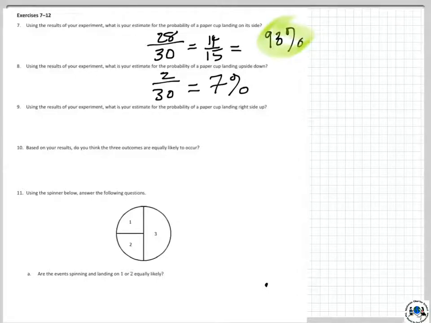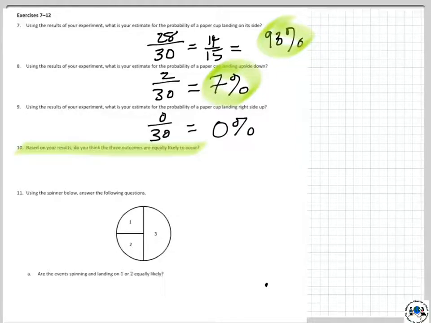Quite the evidence that, as far as my experiment was concerned, there is not an equally likely chance of any of the three outcomes occurring. You can see that landing upside down was 7%, and landing right side up, for me, was 0%.